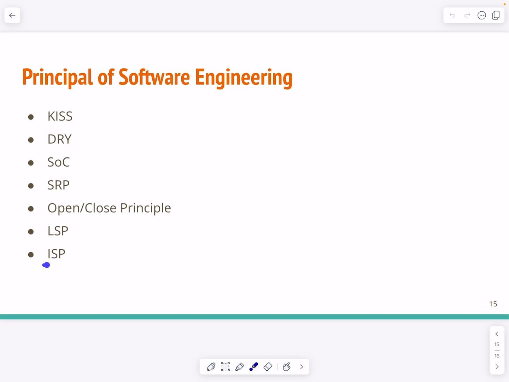And the last one is ISP, the interface segregation principle. It states that no client should be forced to depend on methods it does not use.